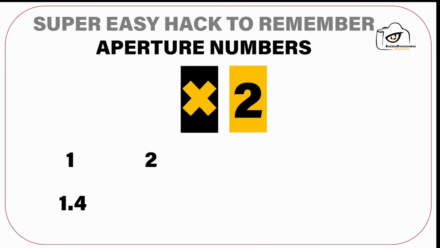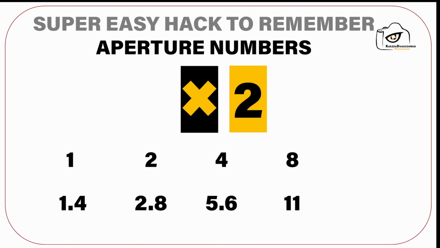So 1 into 2 gives me 2. 1.4 into 2 gives me 2.8. 2 multiplied by 2 gives me 4. Then 2.8 multiplied by 2 gives me 5.6. Now if I multiply 4 by 2, it gives me 8. 5.6 multiplied by 2 approximately gives me f/11.